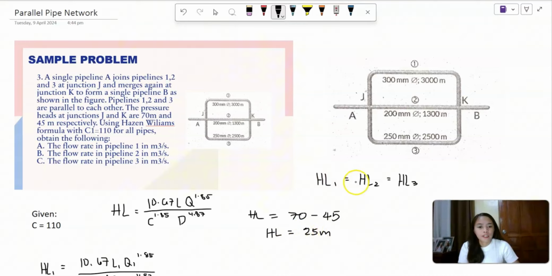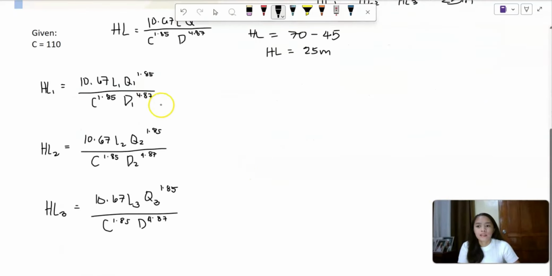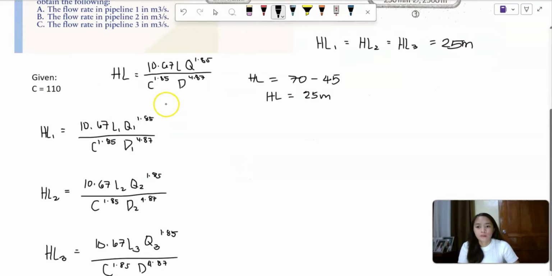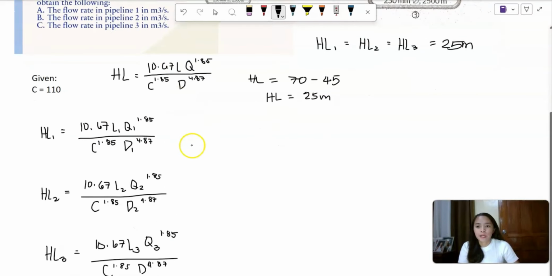Therefore, the value here is just 25 meters. Since we already got the value for our head loss, we can use this in order to get the flow rate in the three pipes.